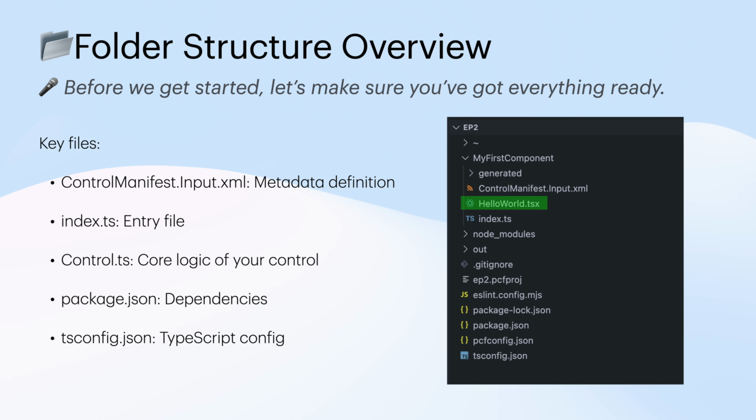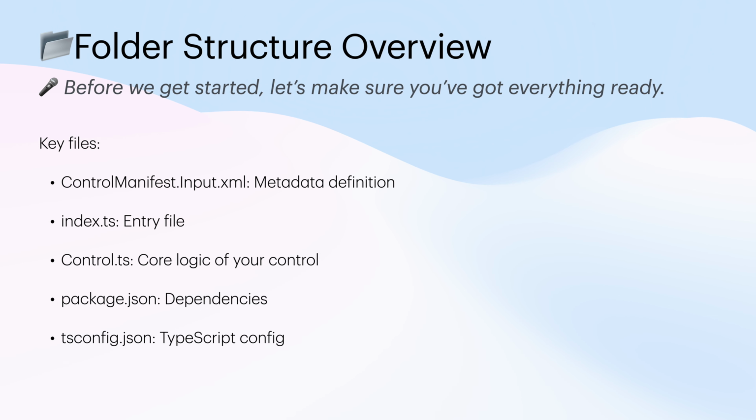Control.tsx or HelloWorld.tsx in React, where the logic and UI of our component lives. Package.json. It manages project dependencies. tsconfig.json. It is the TypeScript configuration for our project. As we move forward, these files will become very familiar. Don't worry, we will go step by step.